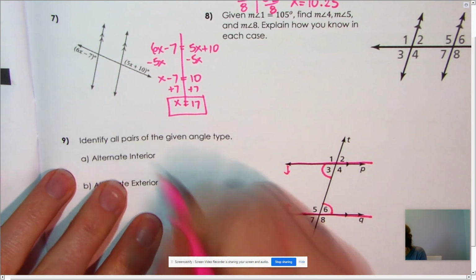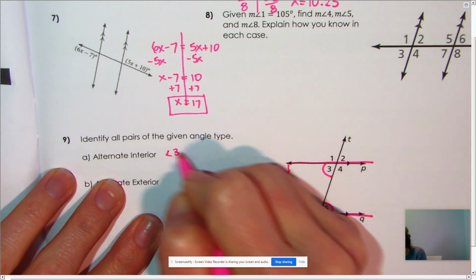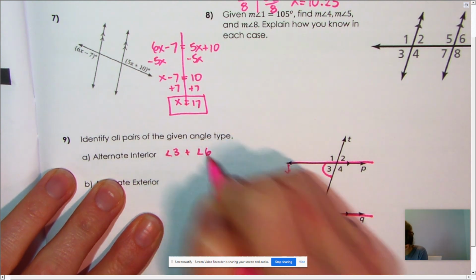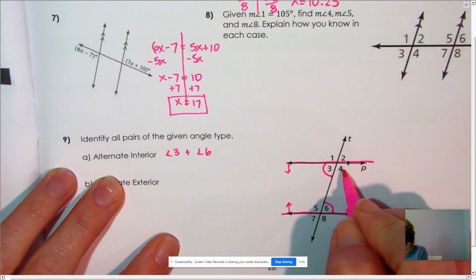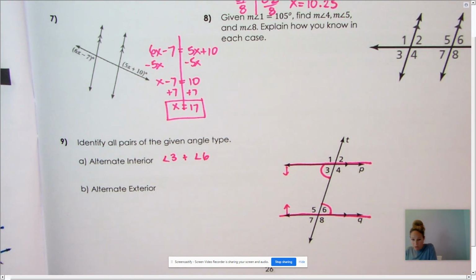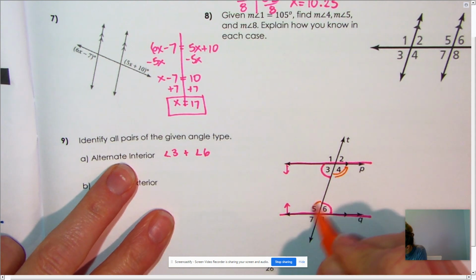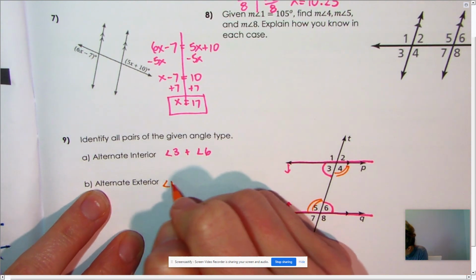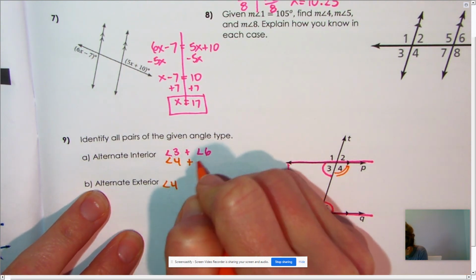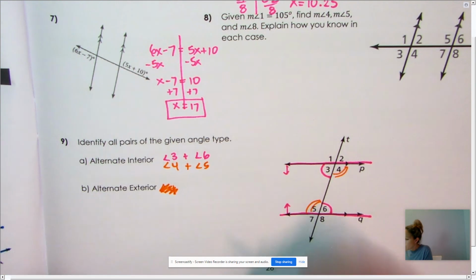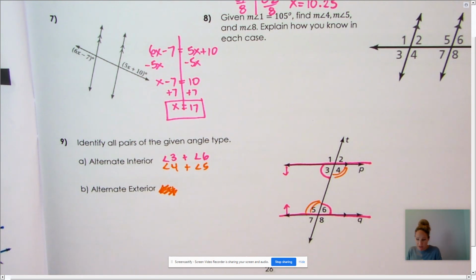Okay, so you would say angle 3 and angle 6. Then you could also say angle 4 and angle 5. And then we're going to look at the exterior angles.